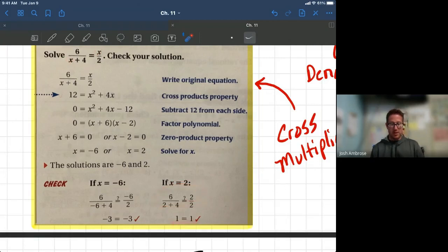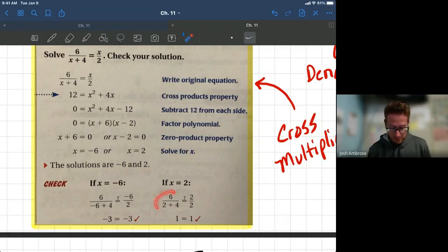The reason we are checking our answers here is because you may actually have one of these answers not work, meaning it could be an extraneous solution, but then the other answer is true and does work. For those of you listening to these notes really carefully, that's important, because you may have problems where you clearly get two answers, but when you check both answers, one of them doesn't work.